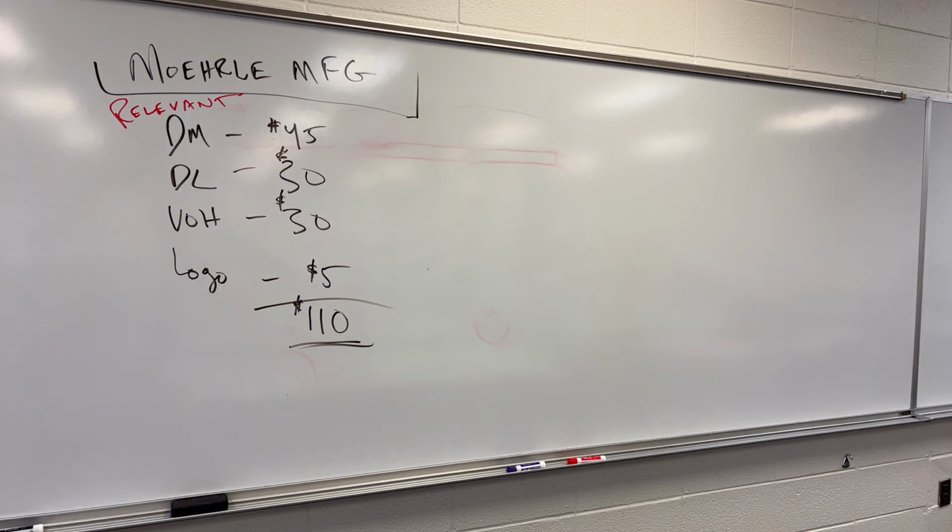And that adds up to $110. So if Mr. Morley chooses to make those monitors, he will spend $110 per monitor: $45 for the materials, $30 for the direct labor, $30 for variable overhead, electricity, and other things associated with making a monitor, and $5 on the logo for a grand total of $110.